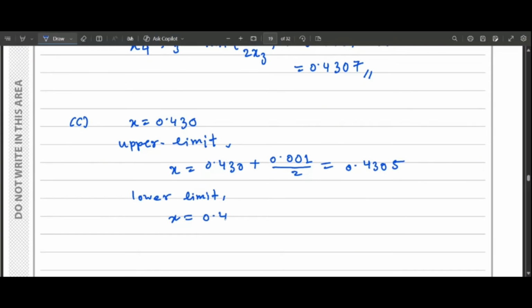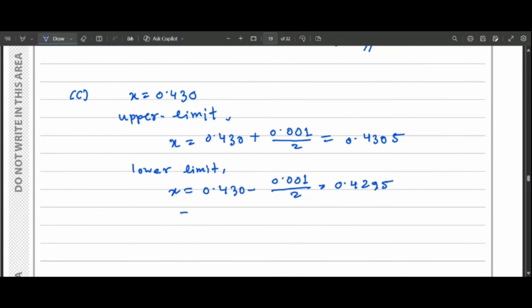So the lower limit is 0.430 minus 0.001 divided by 2, which again is 0.4295. So our suitable range is 0.4295 and 0.4305. This is our suitable range for this.